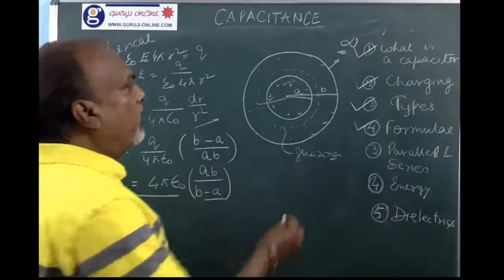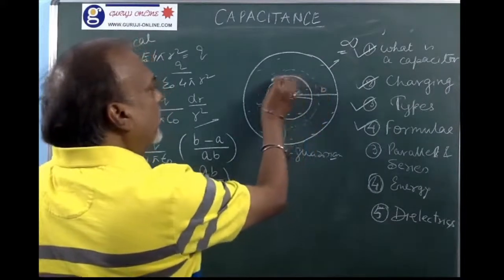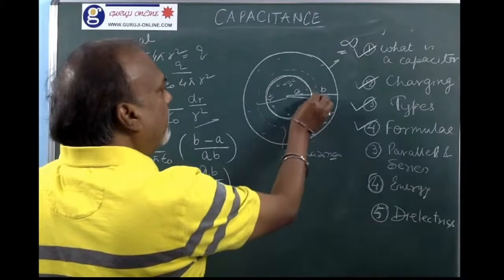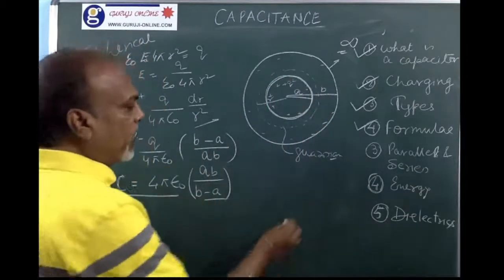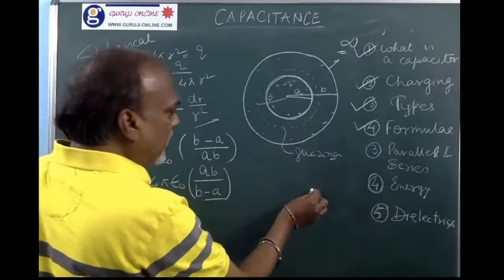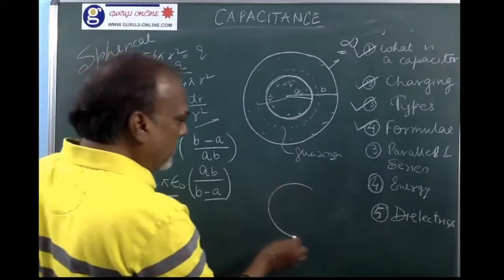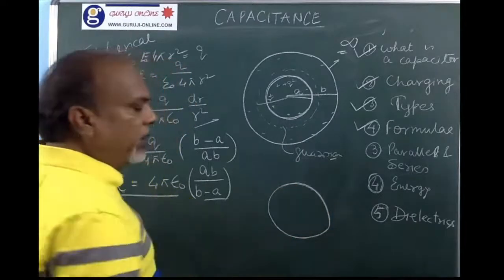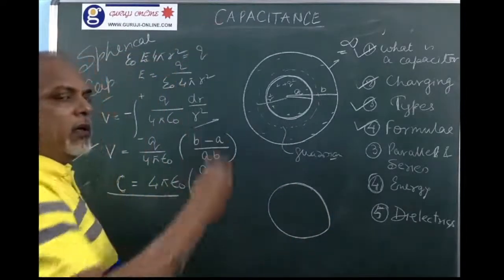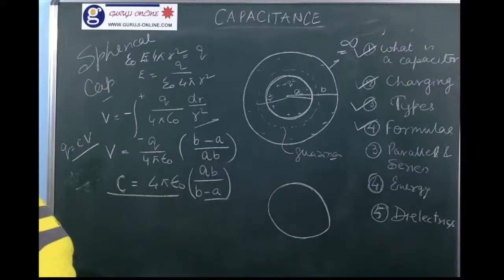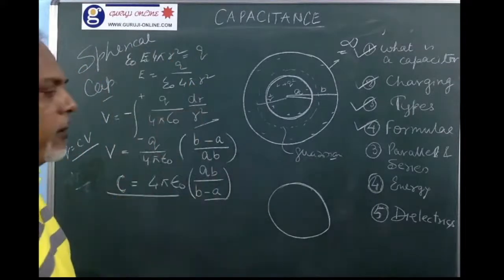What will remain? The inner sphere will remain. This is the example. Our Earth is like this. It is the inner sphere. Outer sphere is at infinity.